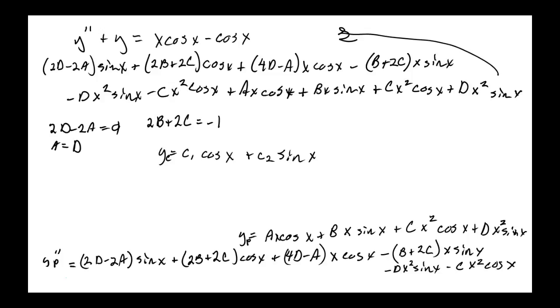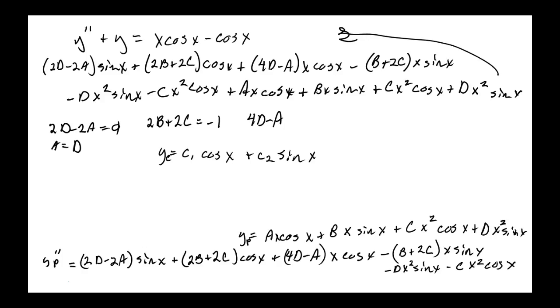Next, we have 4d minus a. We're looking at x cosine x plus a. When you combine this one and this one, you lose an a. So it's just 4d.